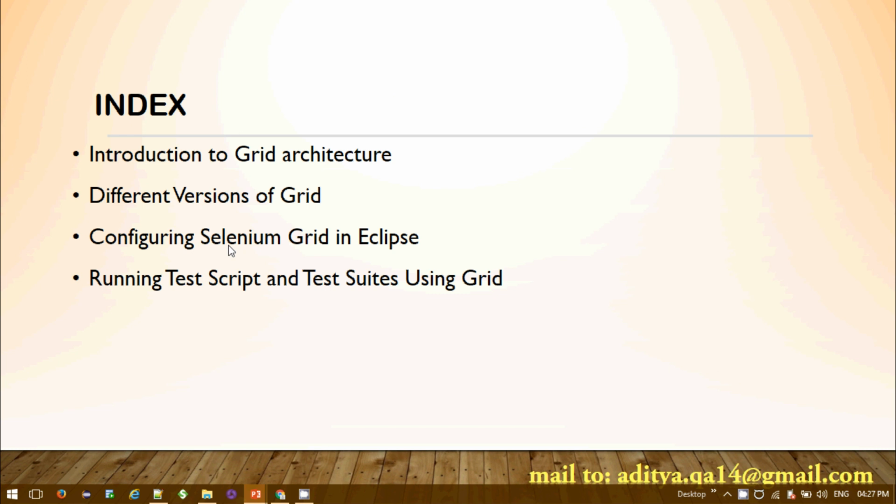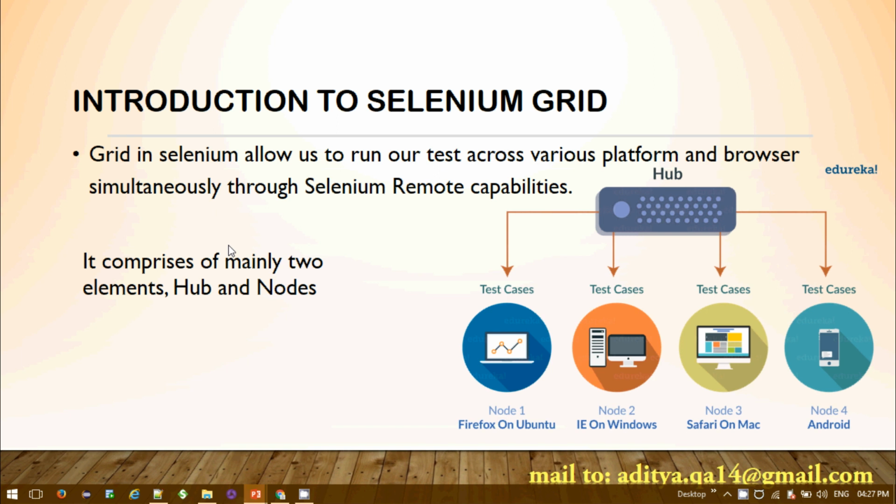So first of all, what is Selenium Grid? As the name suggests, Selenium Grid allows us to run our tests across various platforms and browsers simultaneously through the Selenium remote capabilities. It simply means whenever you want to perform cross-browser testing or cross-platform testing, you will need the Selenium Grid.